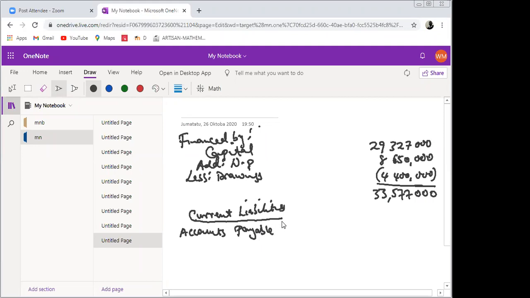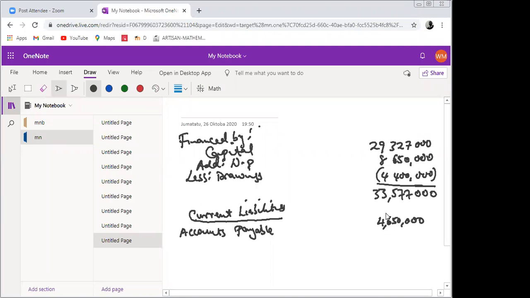The accounts payable was amounting to how much? 4,650,000. What else is a current liability?